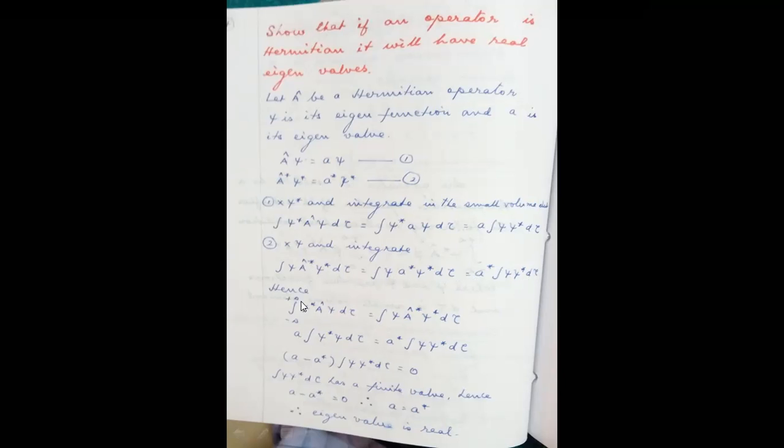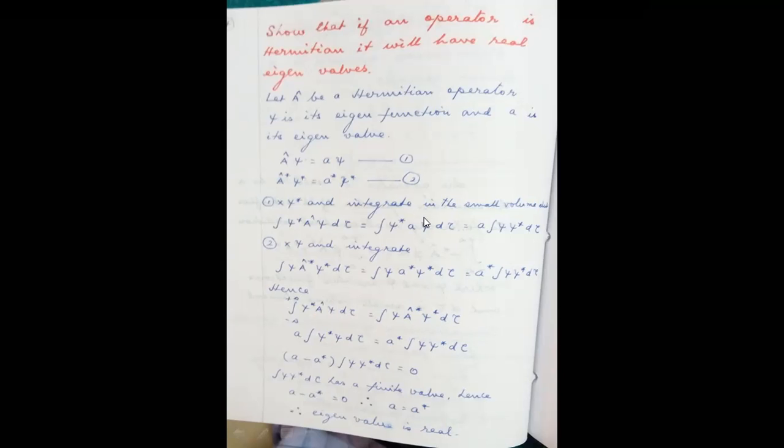Therefore, I can write integral from minus infinity to plus infinity psi star A operator psi d tau is equal to integral psi A operator star psi star d tau, according to the Hermitian condition. If this is satisfied, then only the operator is Hermitian.